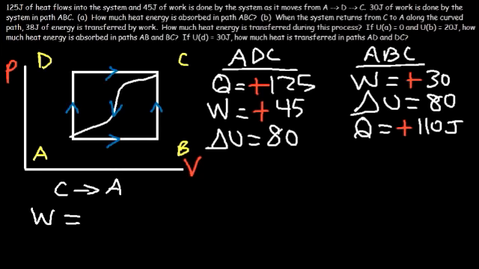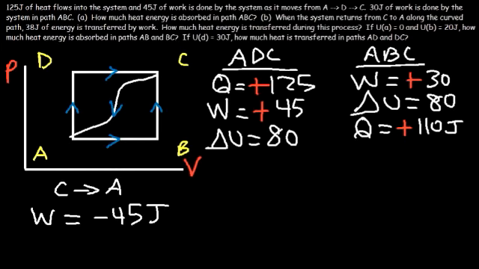Anytime a gas is compressed, or if you travel towards the left of a PV diagram, the work done is negative. As you travel towards the right, the work done will be positive. So this is negative 45. Now, in order to find Q, the amount of heat energy transferred during this process, we need to find delta U.